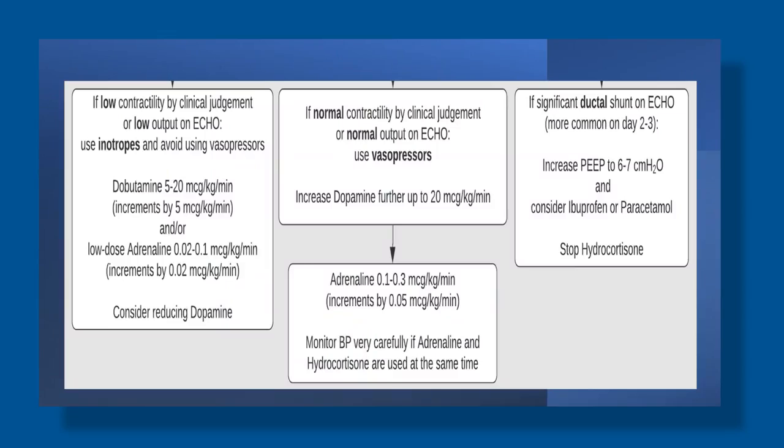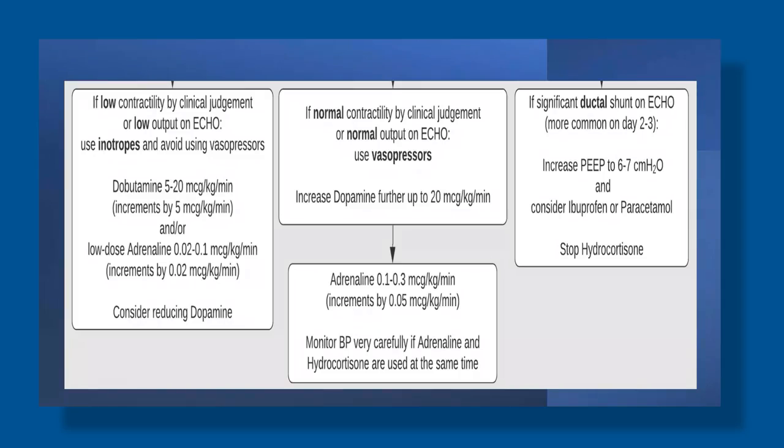Then you are going to decide which category your baby belongs to. If you think it's due to low contractility, which is commonly the cause in extreme preterm babies soon after birth, then you use inotropes and avoid using vasopressors.